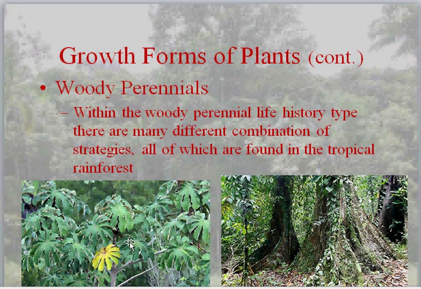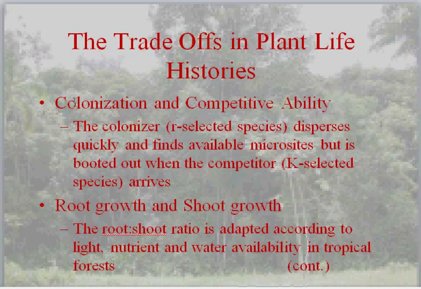Colonization and competitive ability is the first trade-off. The colonizer disperses quickly, finds available microsites with enough resources to use, but is booted out or eliminated when the K-selected competitor arrives. So a good colonizer will tend to be a very bad competitor, and that's pretty much what I've been telling you until now.